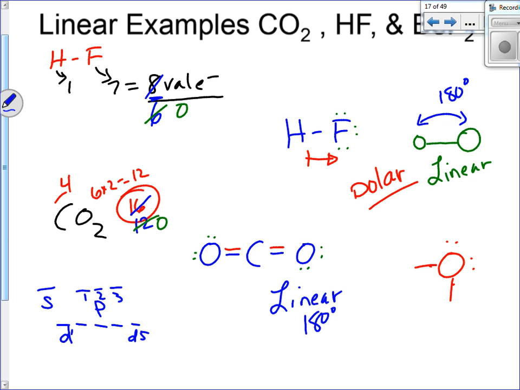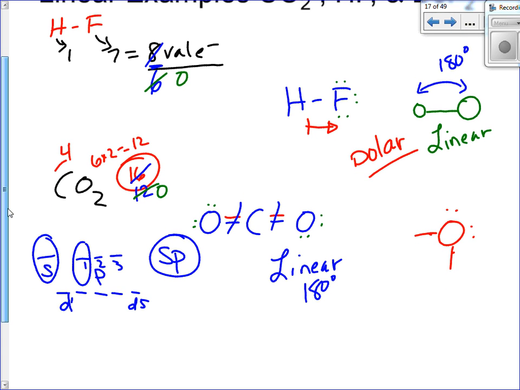So each bond attachment to the central atom will take up one of the orbitals. So this is why, if you don't want to memorize that all linears are sp hybrids, you can do it that way and count the number, or count how many things are attached and how many lone pairs are on the central atom to determine the hybridization. That's one way to do it, or you can memorize them. So we get that sp hybrid.